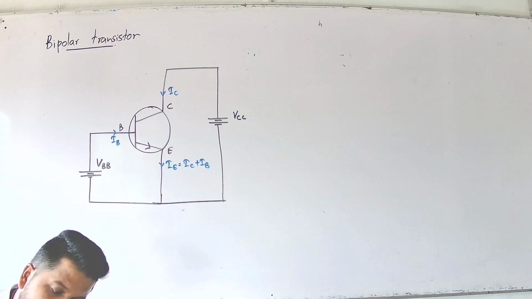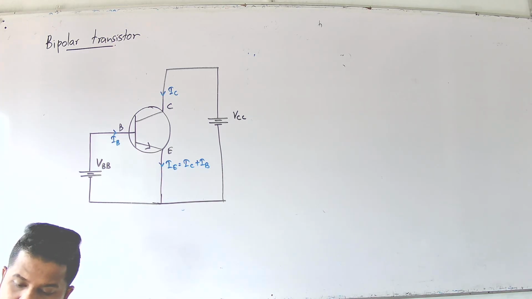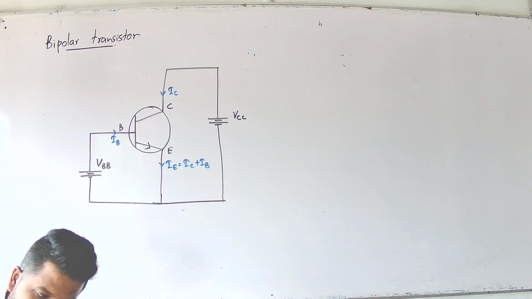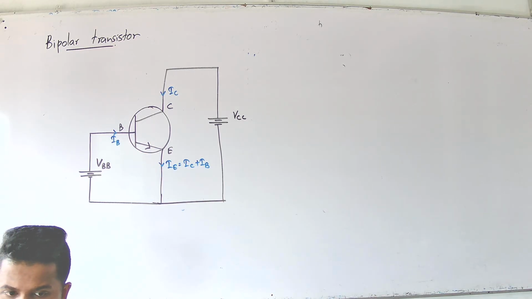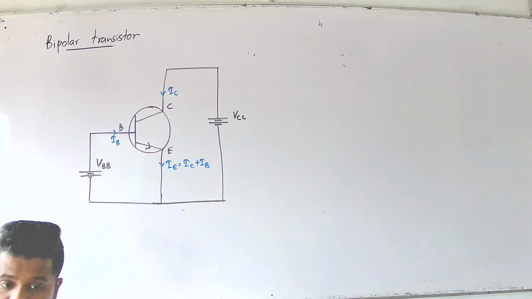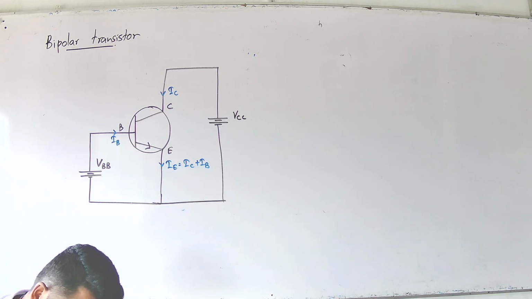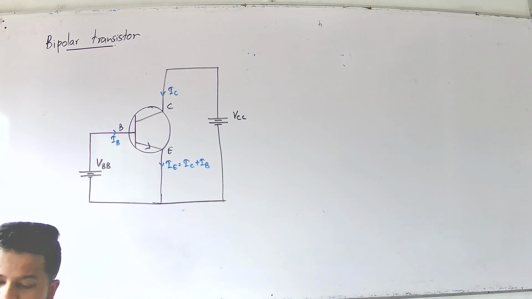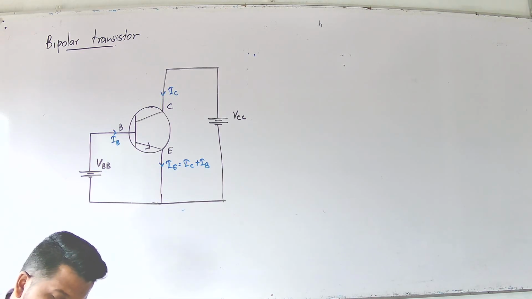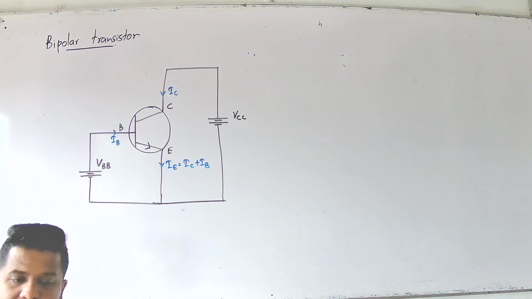Even higher potential given to C than to capital B, the BC junction is reverse biased.